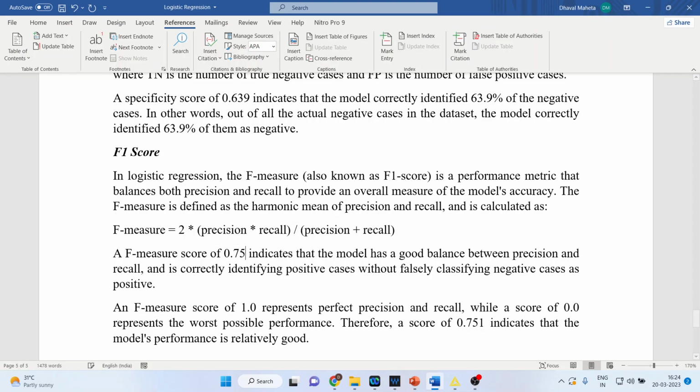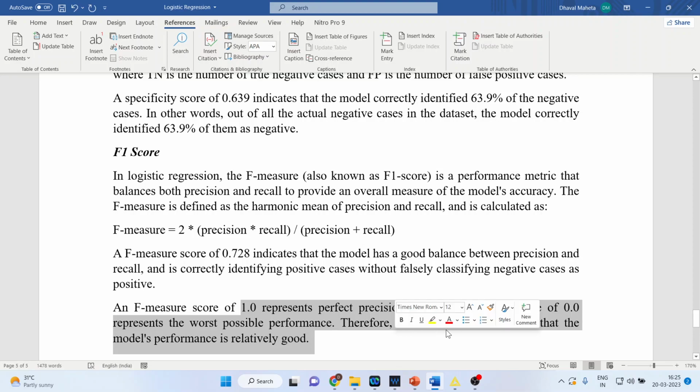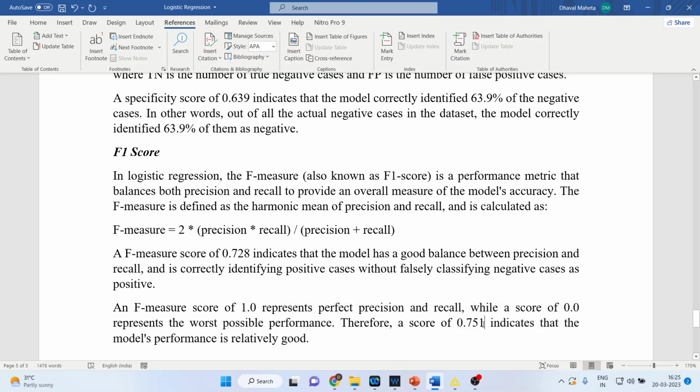So 0.728 indicates that the model has a good balance between precision and recall and is correctly identifying the positive cases without falsely classifying negative cases as positive. An F1 score of 1 represents perfect precision and recall, while a score of 0 represents the worst possible performance. Therefore, a score of 0.72 indicates the model performance is relatively good.